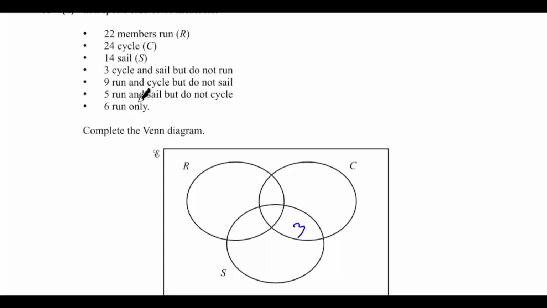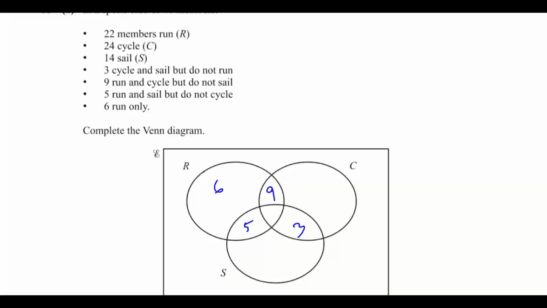The next one, 9 run and cycle, but do not sail. So it will be 9 here. Then 5 run and sail, but do not cycle. So that will be 5 here. Then 6 run only. That means this place will be 6.